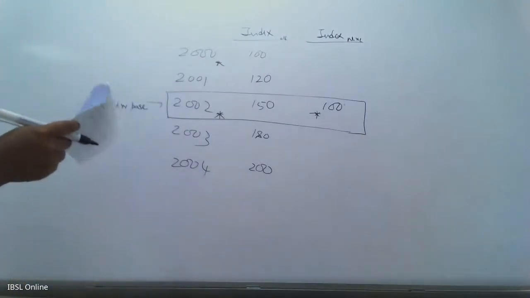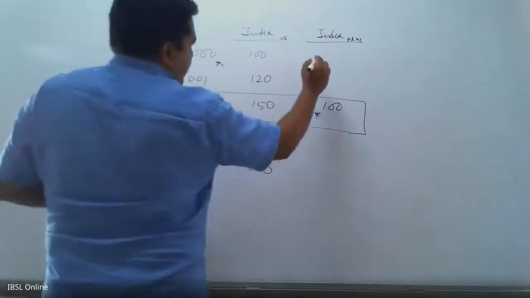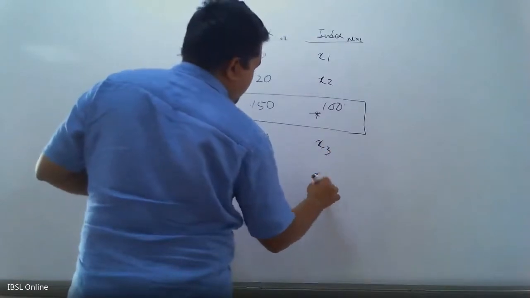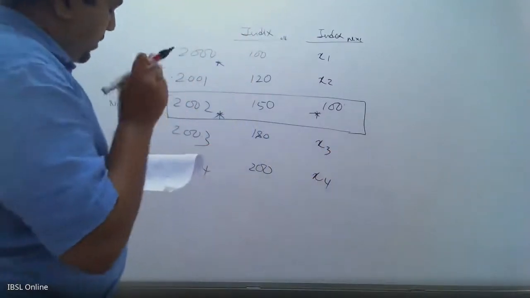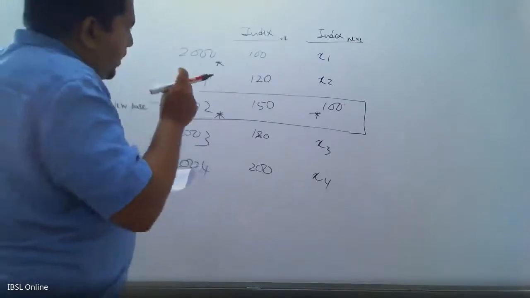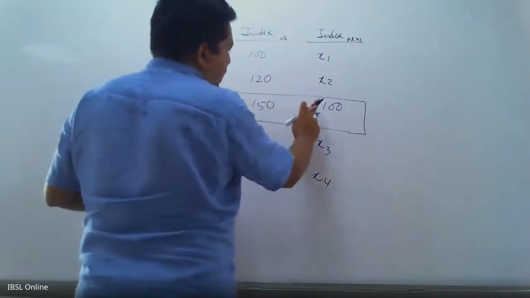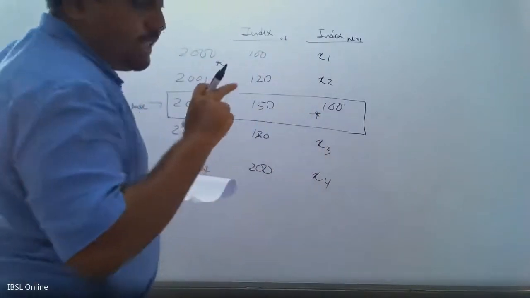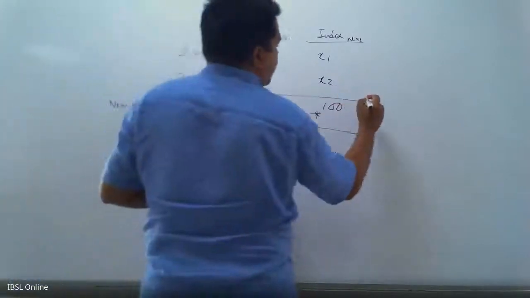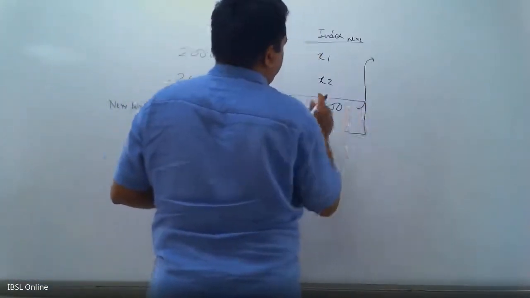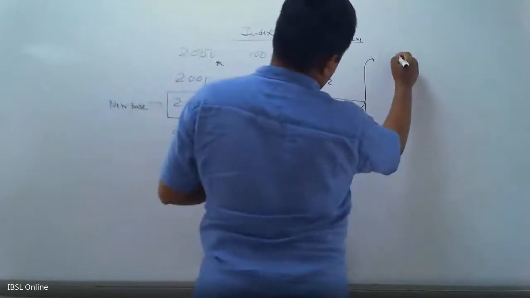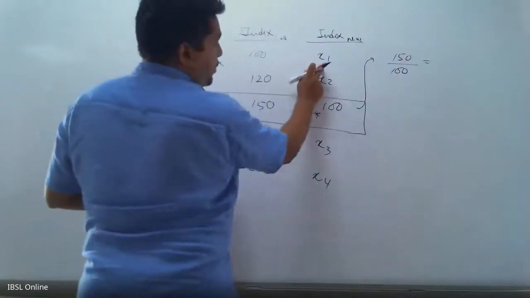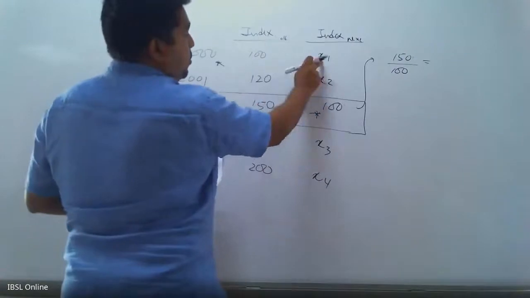Now in a logical way, if you argue, let's say you are looking at values of x1, x2 and x3 and x4 for these unknown numbers. In a logical sense, this ratio of 150 to 100 should be the same as the ratio of x1 to 100.